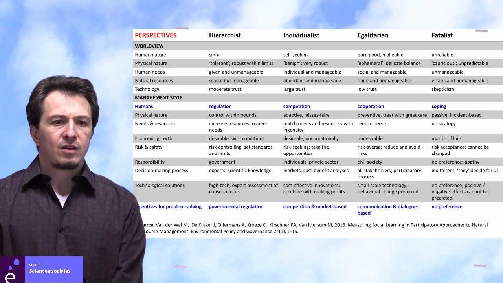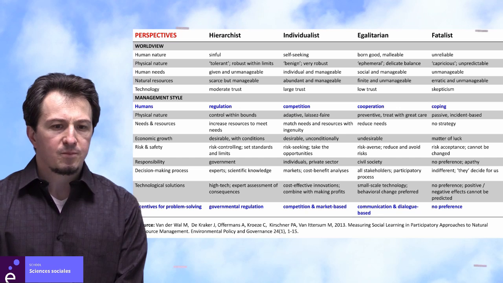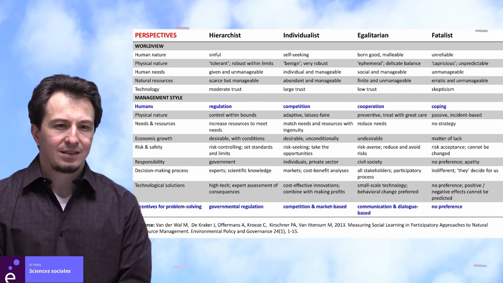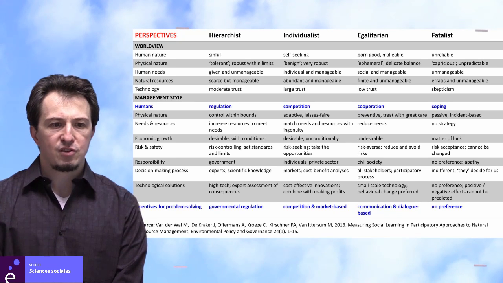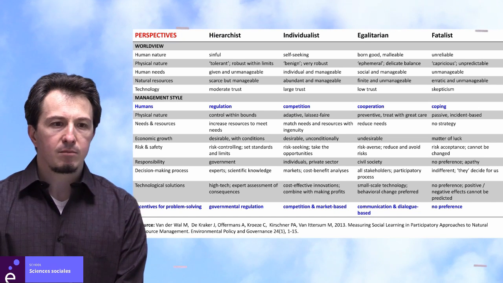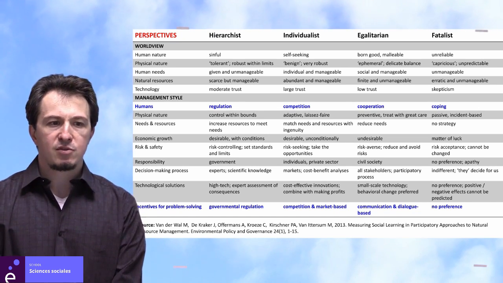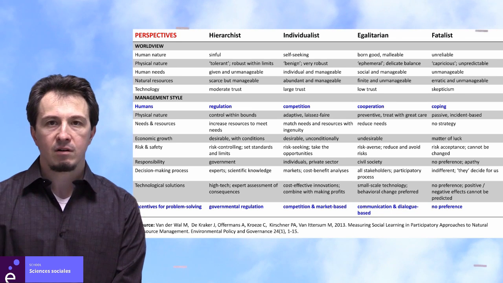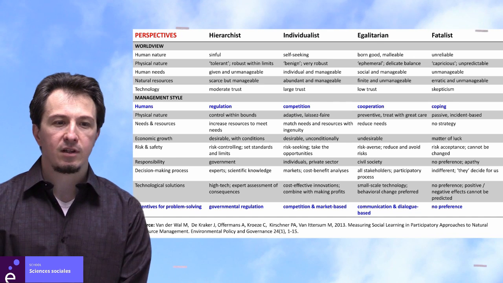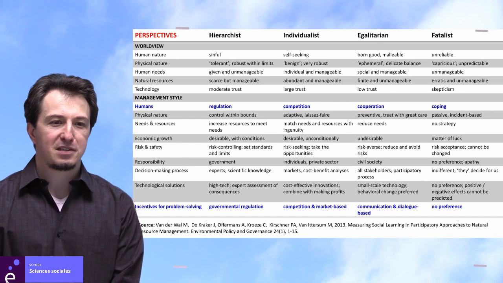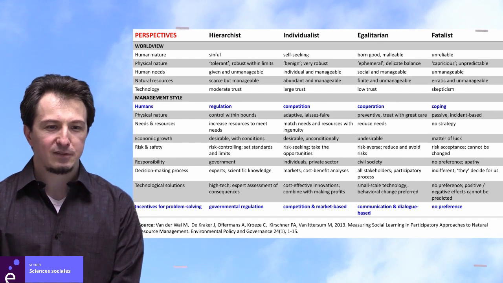Now, you see the hierarchist model. I let you study the table, I'm just making some highlights. It is very much based on regulation, because it starts from the presumption that human nature is sinful. Okay, people will always try to cheat, so you need regulation. That's the worldview and management style of a hierarchist perspective.